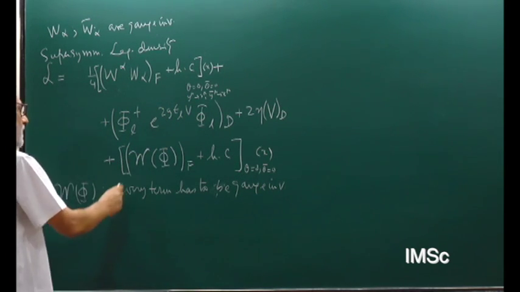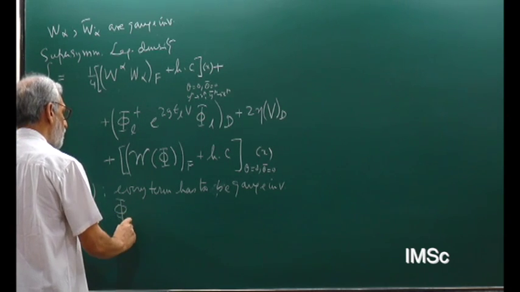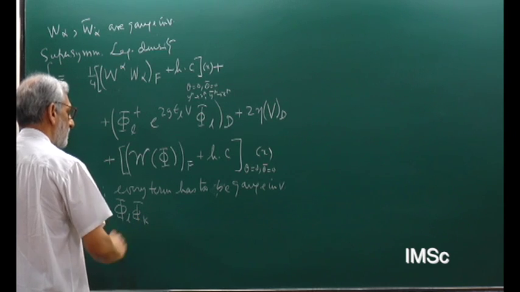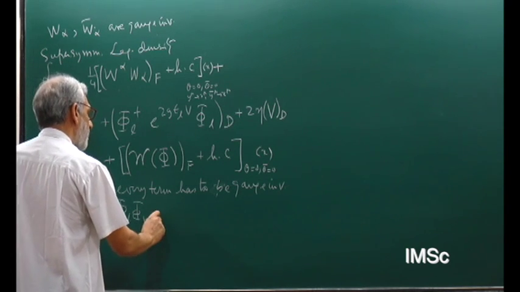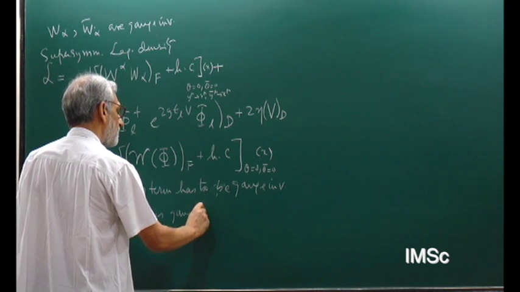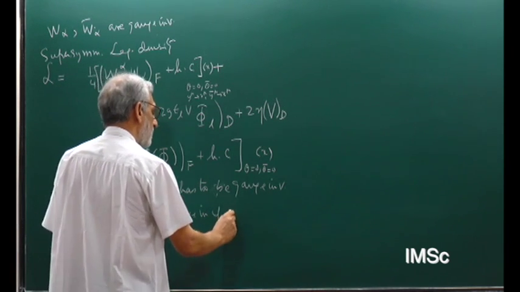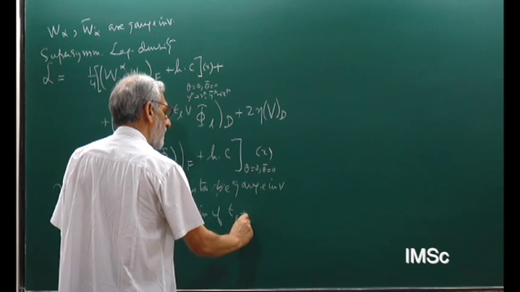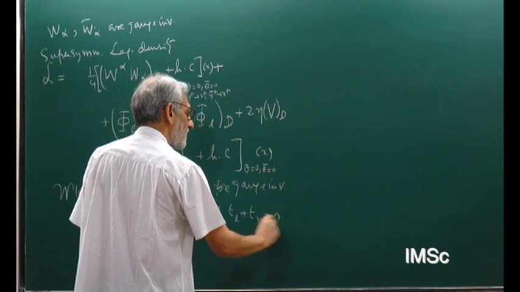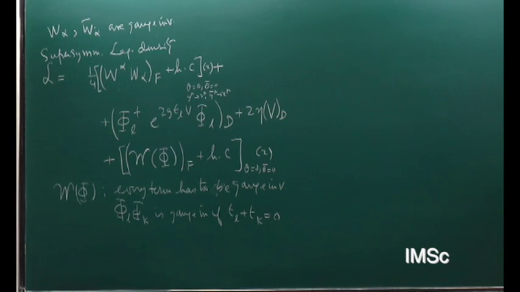That is, if I have a two-phi term here, phi_L phi_K, this can be gauge invariant if the charge T_L of phi_L and the charge of phi_K add up to 0.